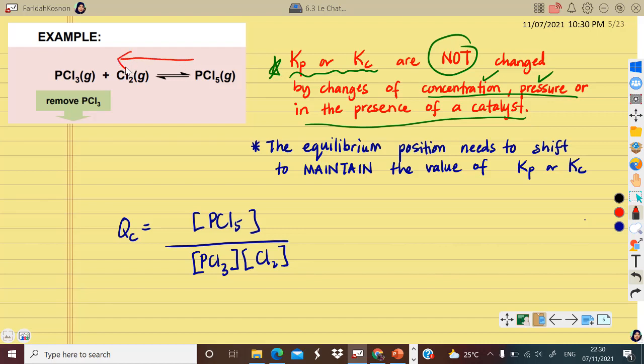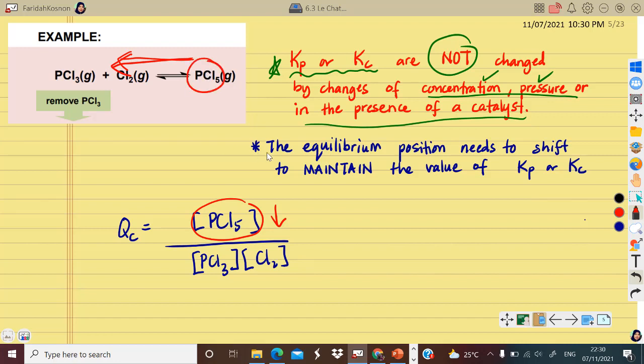Okay, bila dia shift to the left, apa yang berlaku dalam sistem tu? As some PCl5 decomposes, sebahagian PCl5 tu akan decompose untuk form PCl3 and Cl2 lagi. Okay, ini menyebabkan apa? Numerator decreases. Numerator tu yang mana? Yang ni. Numerator akan berkurang sebab sekarang equilibrium position shift to the left.